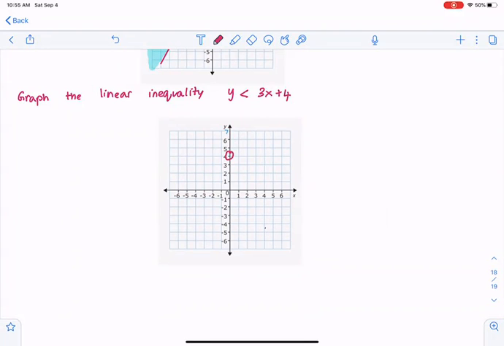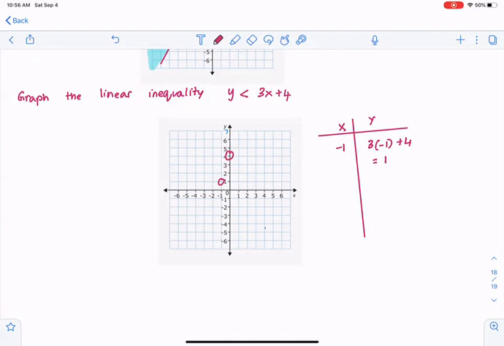And the line that we are going to draw will be a dotted line. So if I plug in -1 for x, y would be 4 minus 3, which is +1. So that point would be right there.